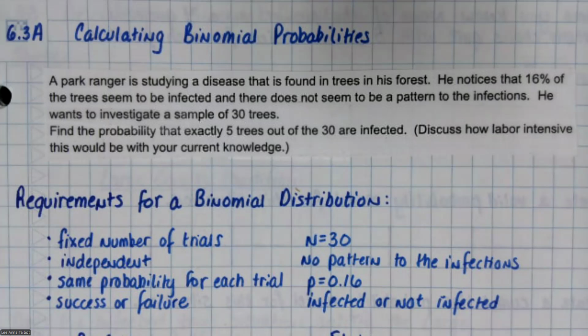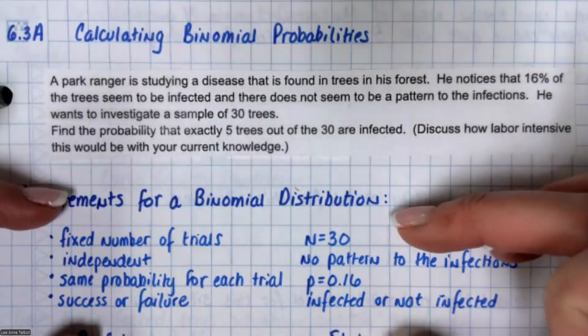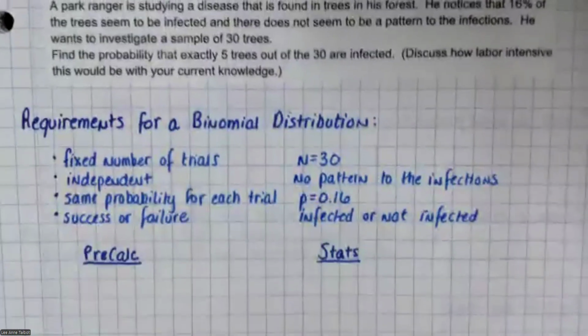In this case, a success would be finding an infected tree, which doesn't sound very successful, but that would be like a yes response. Think of a success as a yes and not a no. There's your 4 requirements for something to be binomial, which is really good news. That means I get to use special stuff and I don't have to use a tree diagram about trees.